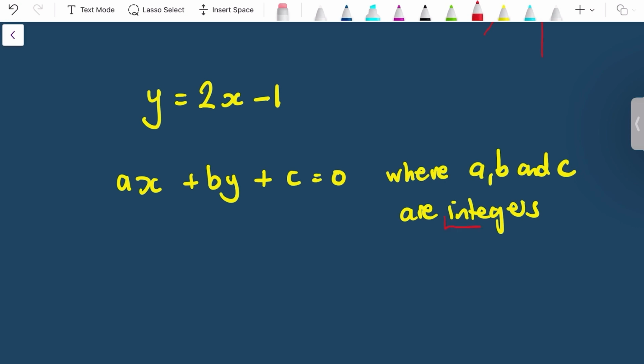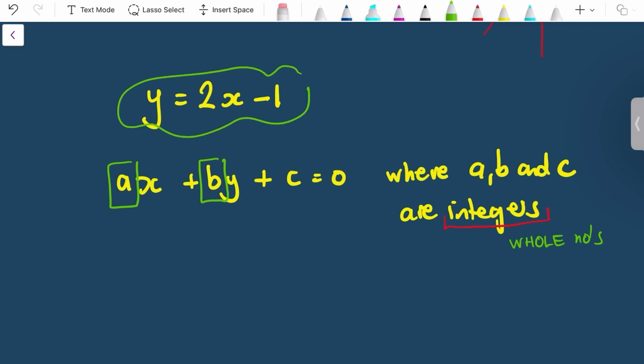So, firstly, you need to recall that integers are whole numbers. Which means once you have manipulated this equation, then a, b, and c have to be whole numbers.